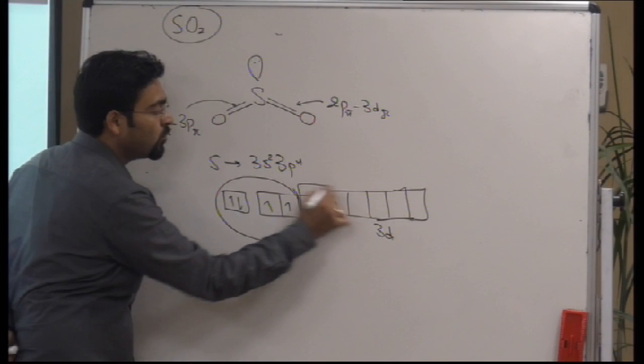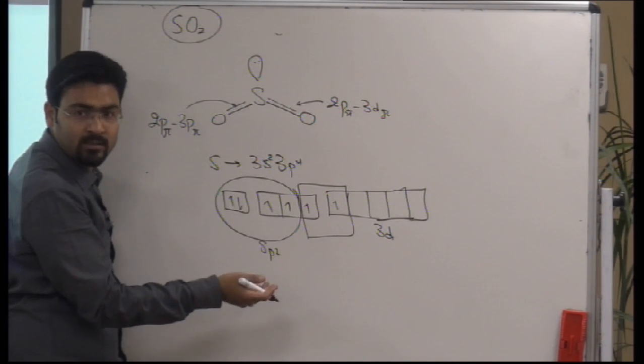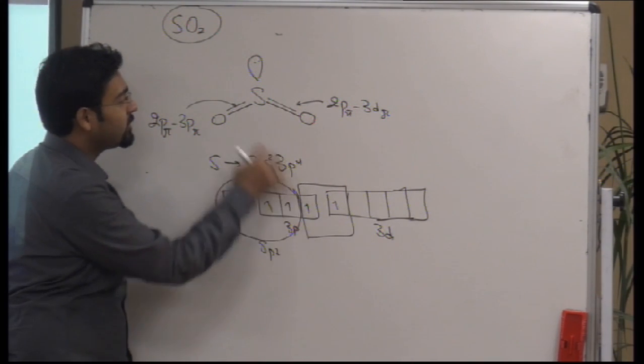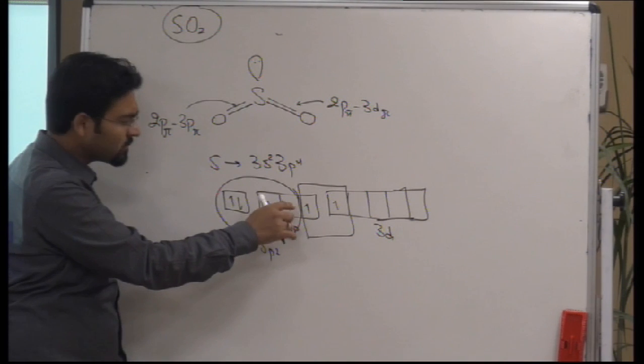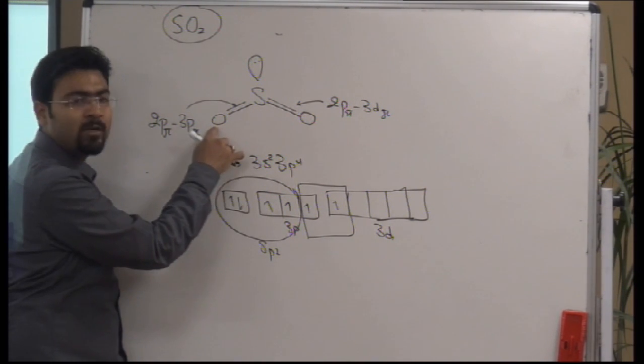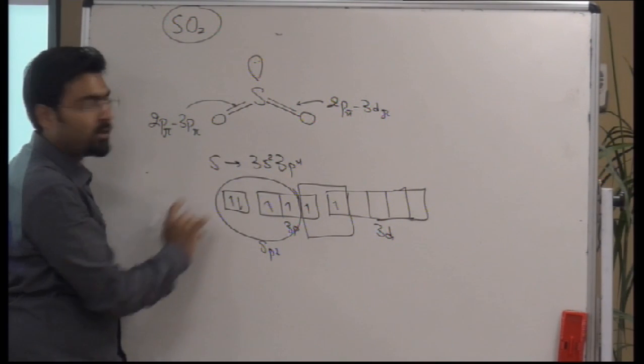So sulfur has 2 half-filled orbitals. One is in 3p and another is in 3d. Oxygen also has one such similar half-filled orbital through which they can form the pi bond. So oxygen has one 2pz, for example, and sulfur has one 3pz. The two can form a pi bond.